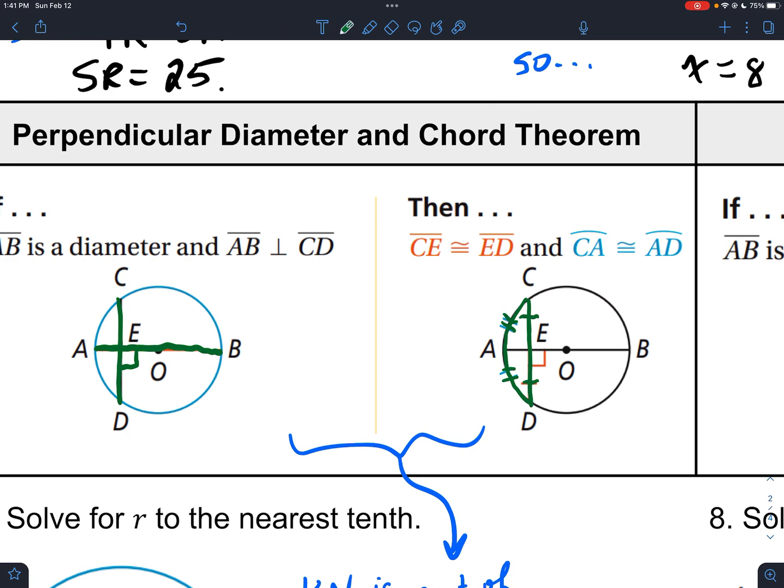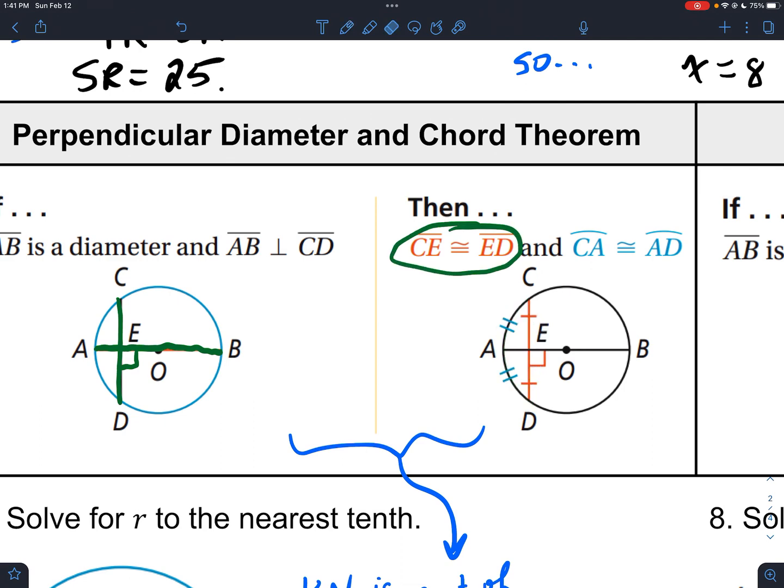So this chord gets cut in half, and the arc gets cut in half as well. Okay? So if you have a perpendicular diameter and a chord, they meet at a right angle, make a cross, then the parts are bisected. The chord is bisected.